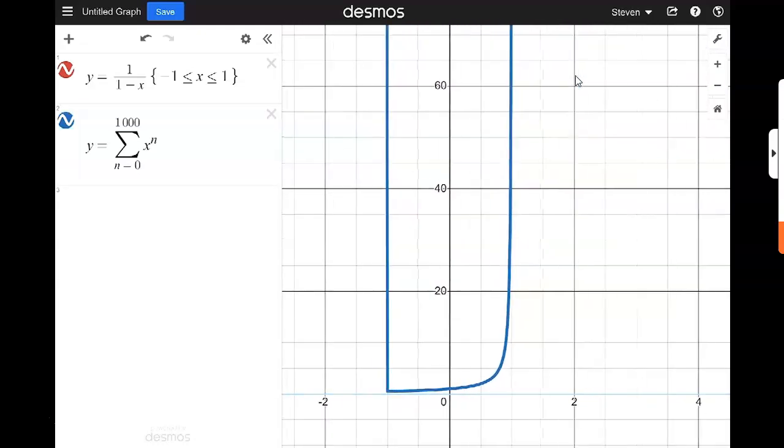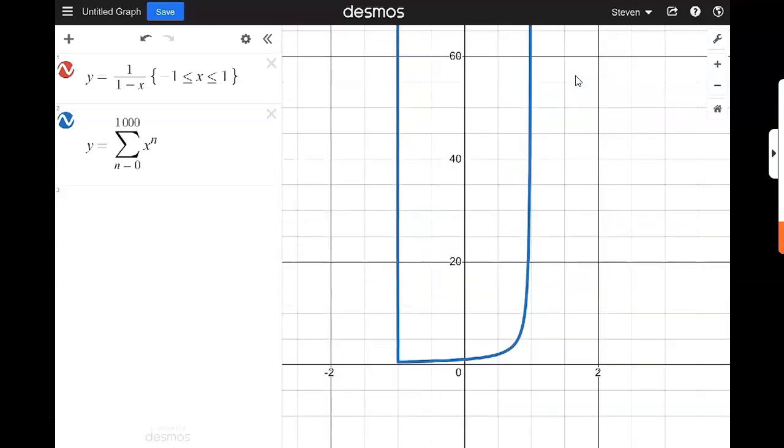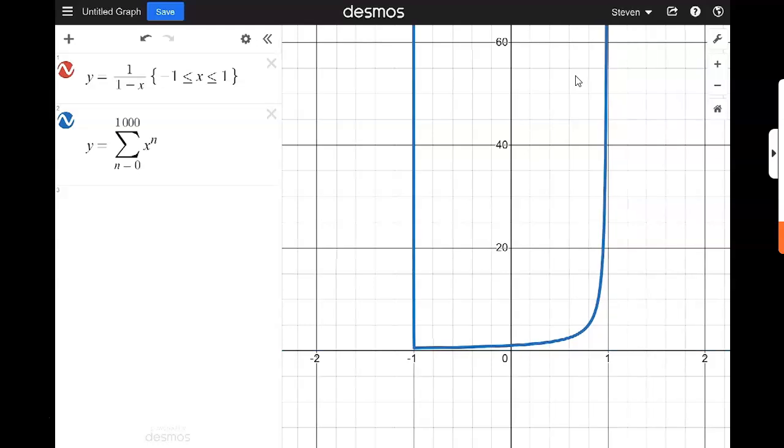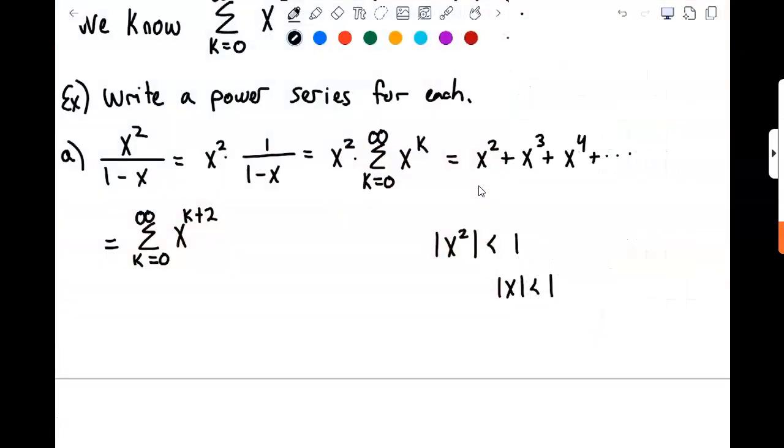It's certainly showing stuff over here around minus 1 where it should just be stopping. But you can see how it is converging, at least between minus 1 and 1. So that's just a little visual confirmation of the result we found.